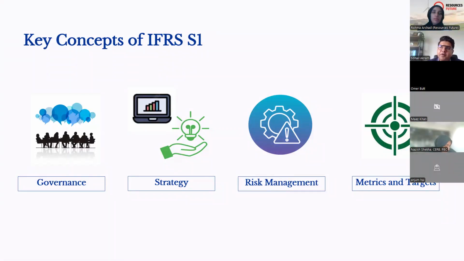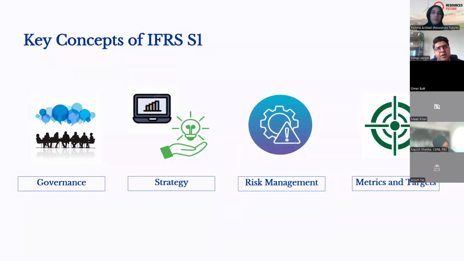If it is a climate-related risk, then there should be information on whether it's a physical risk or transition risk, what type of effect it can have on the entity, and what the strategy or response is to those identified effects. So this is covered in strategy.